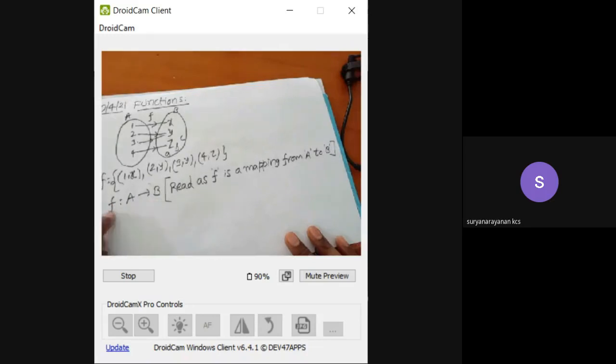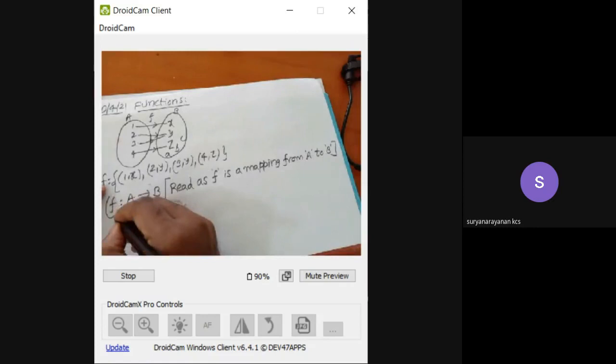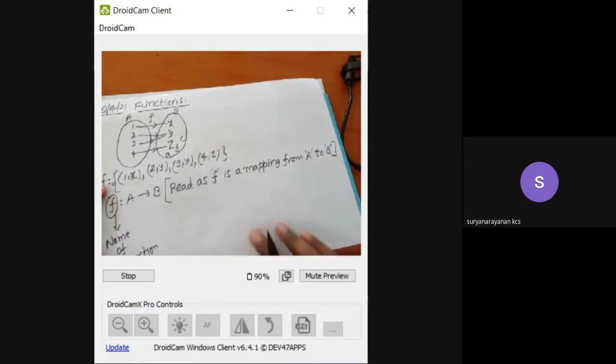In this notation, this part denotes the name of the function. This is the name of the function, and after the two dots, whatever the letter is given, that denotes the domain of the function.